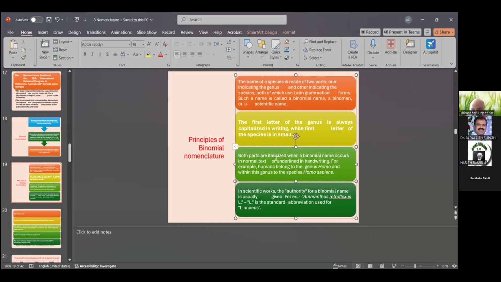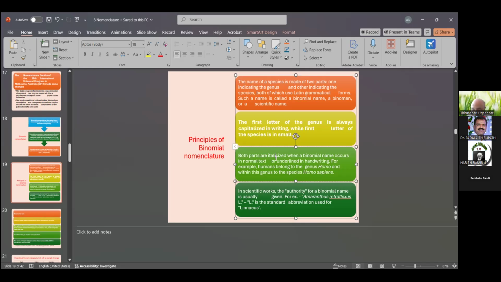The first letter of the genus is always capitalized in writing, but the first letter of the species is small. The generic name definitely has a capital first letter. The species name is in small letters.